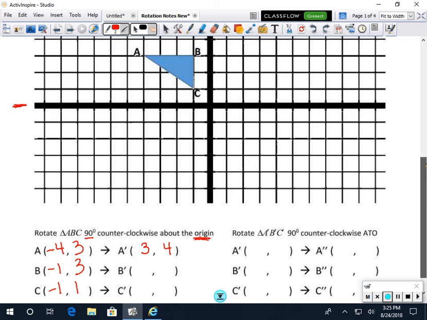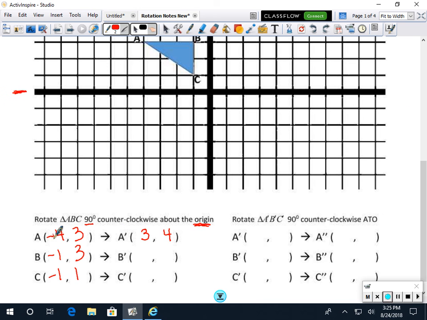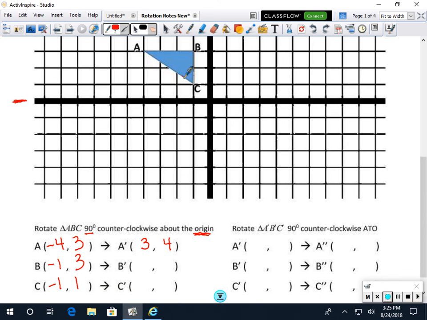We can tell that by looking at our points here. The x was negative, the y's were positive. I'm going to rotate it one time and bring it down here where my x is going to be negative and my y will be negative. So in this case I'm going to have a -3 and a -4.